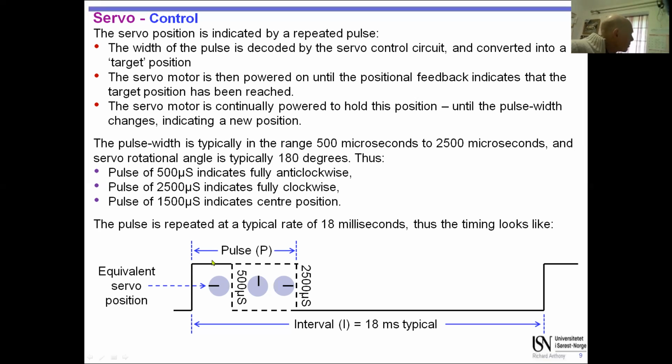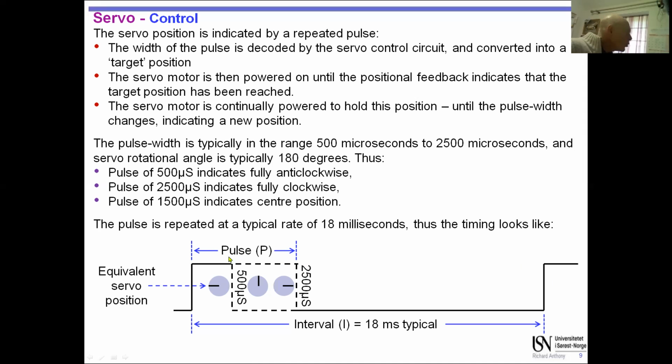And then the maximum is 2.5 milliseconds, or 2,500 microseconds. So the duty cycles are all quite short. This is 18 milliseconds. So if this were 20 milliseconds, just to make the maths a bit simpler, and that was 2,000 microseconds, that's 2 milliseconds. That would be a tenth of the whole thing, right?